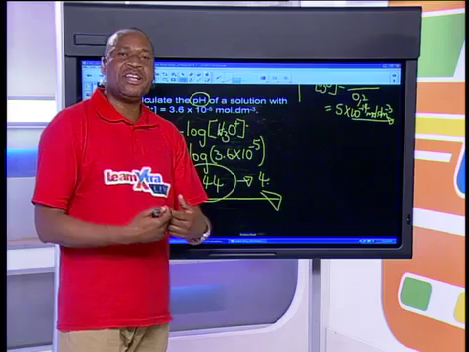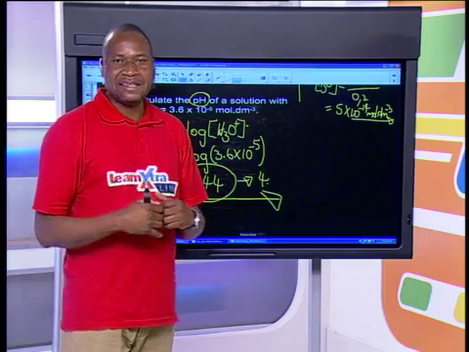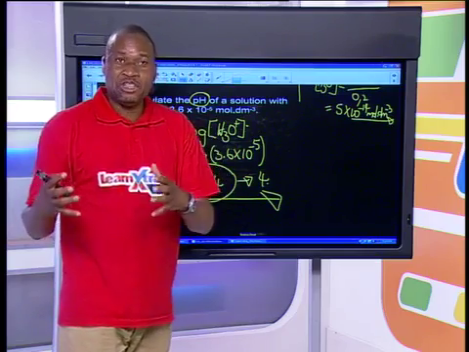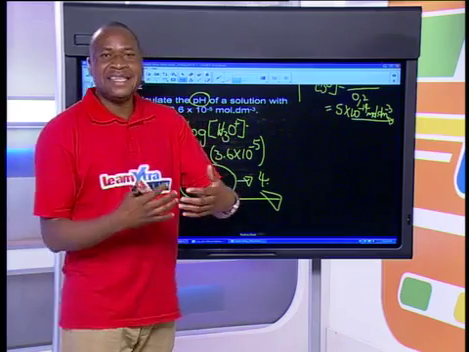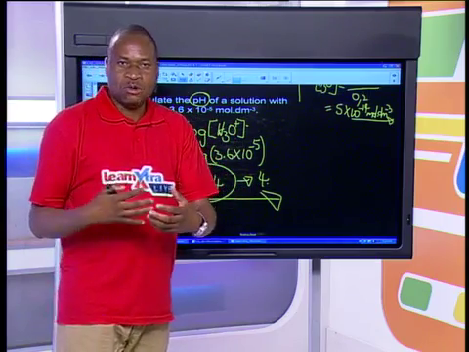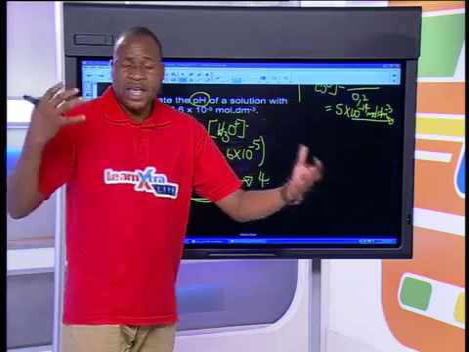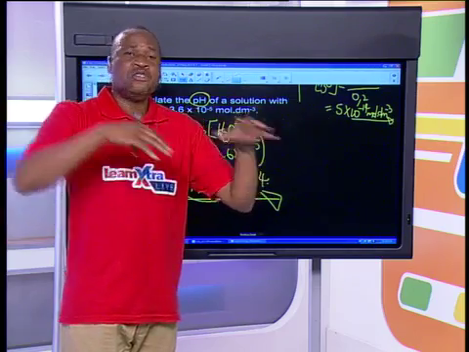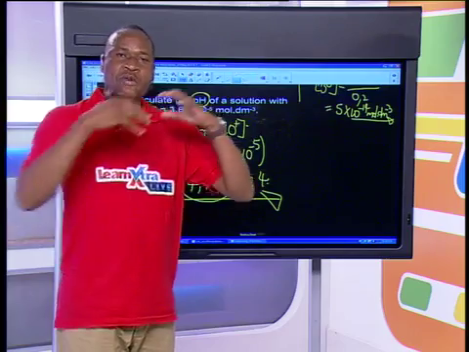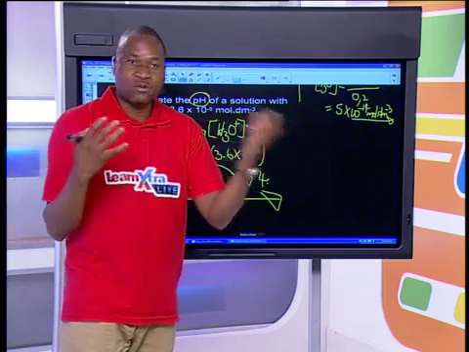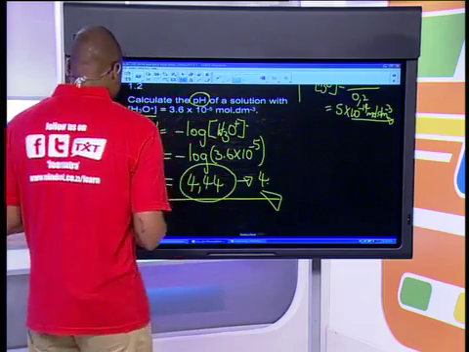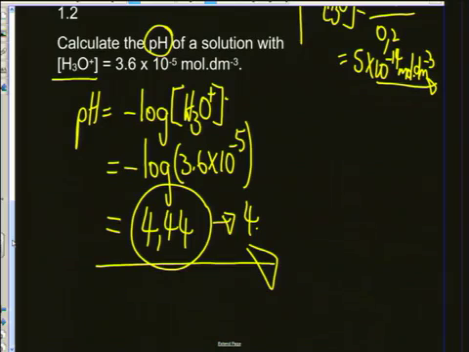Bases have got pH levels greater than 7. So basically the pH is a measure of the acidity and the basicity of a solution. It tells us where we place this substance. Do we place it as an acid? Do we place it as a base? That is what the pH does.